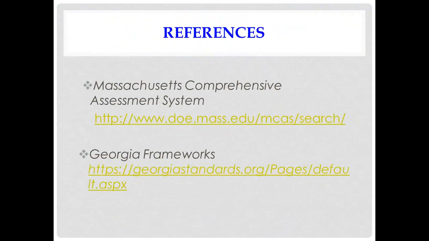You will have more than enough assessment items or sample items that you could pull to use in your classes. And of course, the Georgia Frameworks is always a good place to go back and actually pull some of those tasks, chunk them, break them up into smaller pieces, and use them as constructed or extended response items in your class.